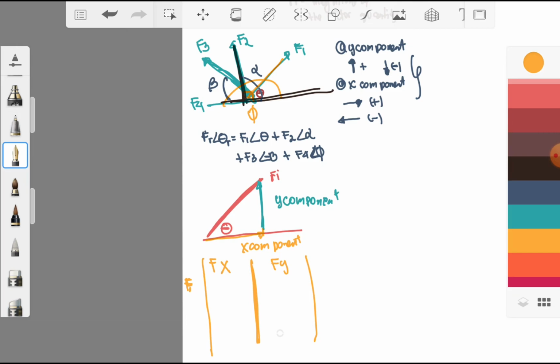So we have F1, this is your theta, so SOHCAHTOA. We have F1 cosine theta, adjacent over hypotenuse, and my hypotenuse here is my F1.